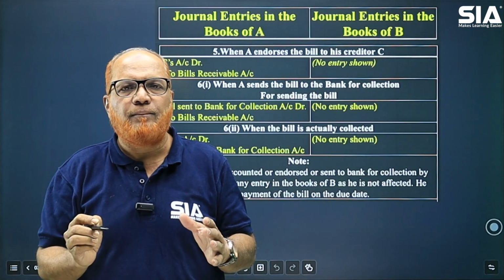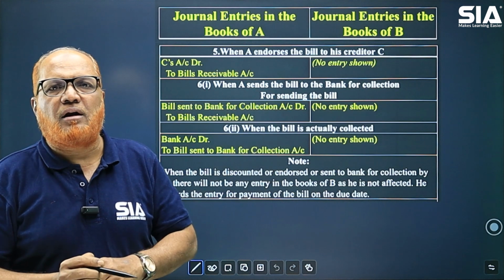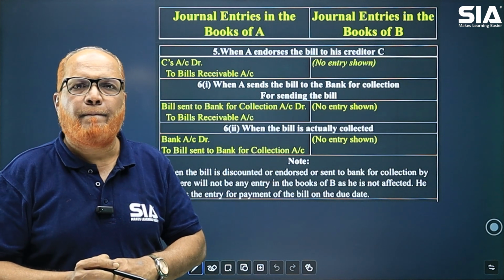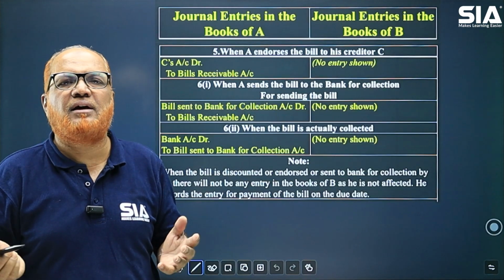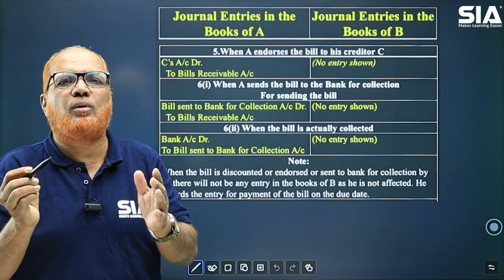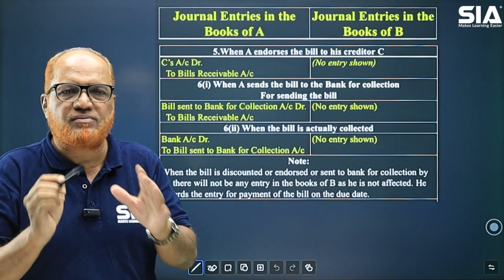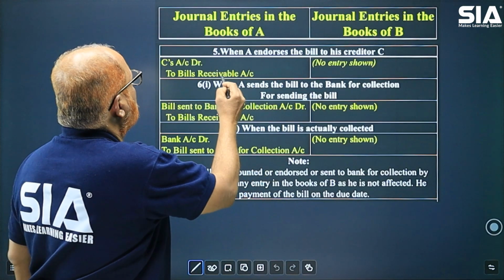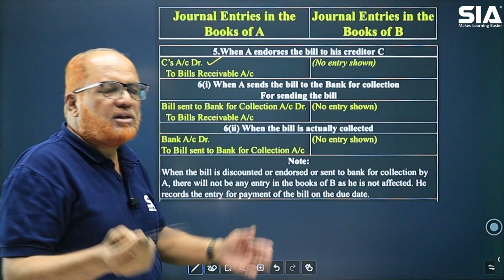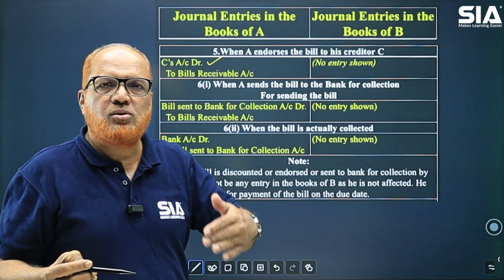So what is the entry? C's account debtor to bills receivable. C is the receiver. Personal account, debit the receiver, credit the giver. Personal account, debit who receives anything. So here C is receiving the bill. C account is debited. What is going out? Bills receivable is going out.